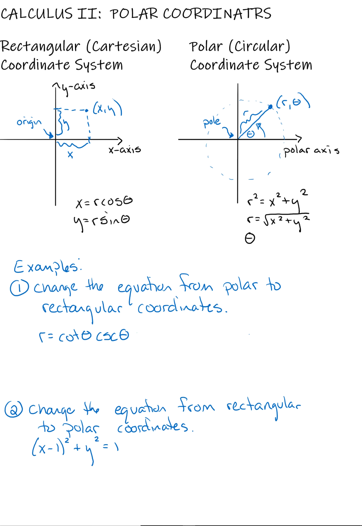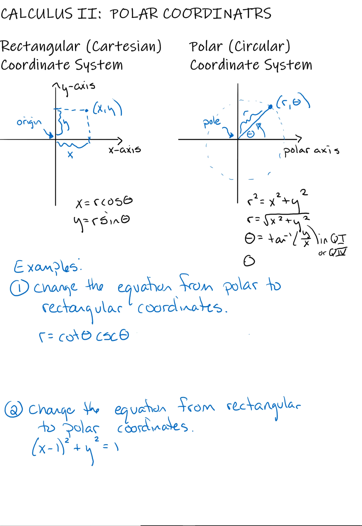The angle theta is defined as the inverse tangent of y over x. Remember that y over x would give us the tangent value. So inverse tangent of y over x is equal to theta. Now this turns out is only true in quadrants 1 or 4 because that's where the inverse tangent is defined.